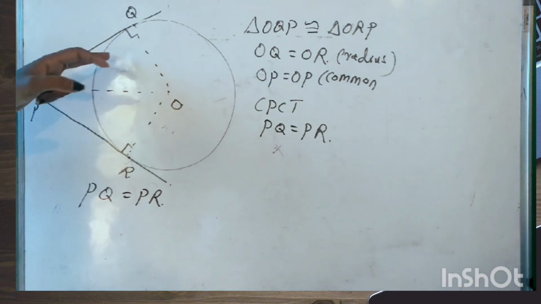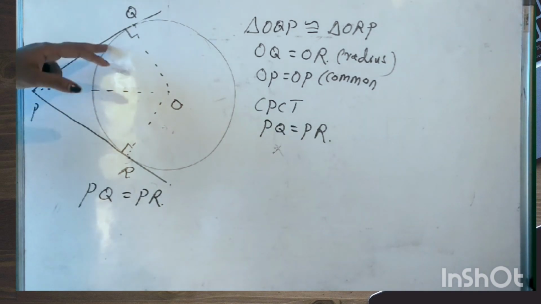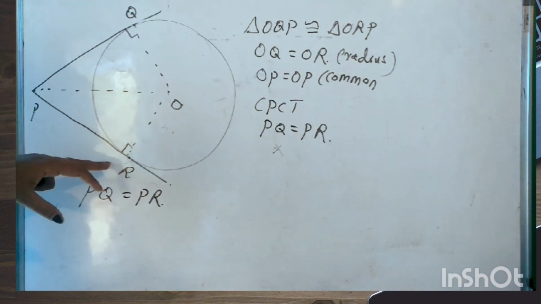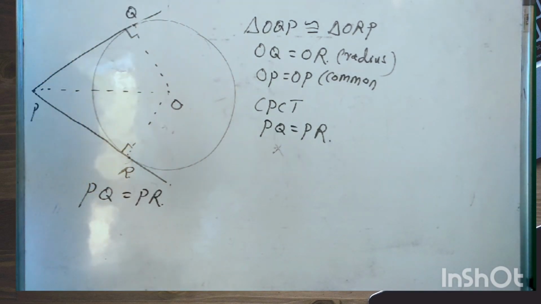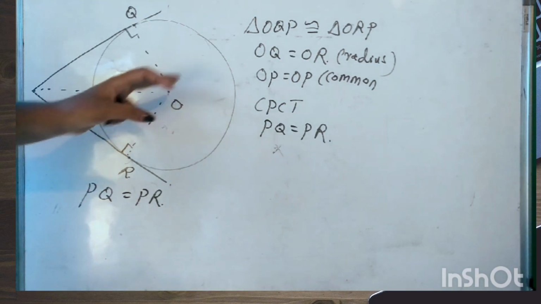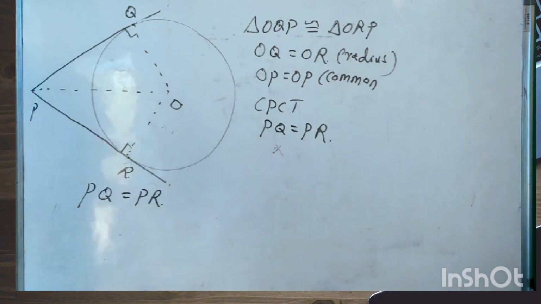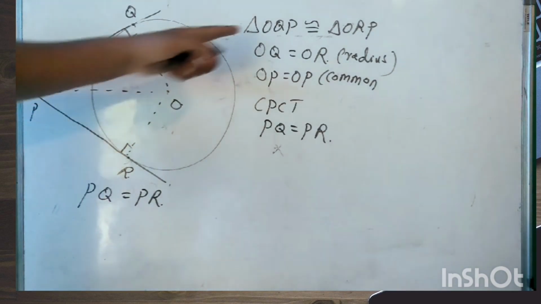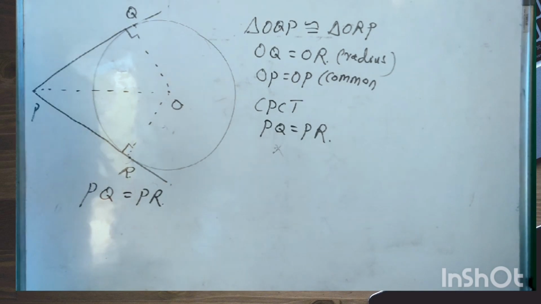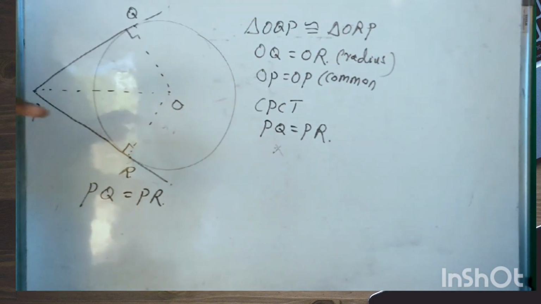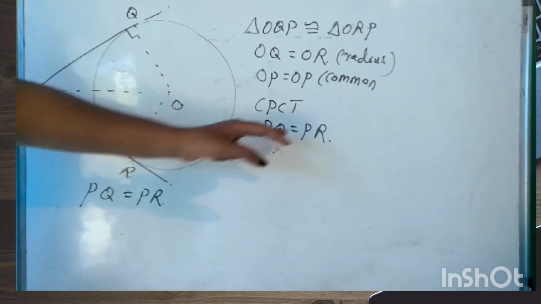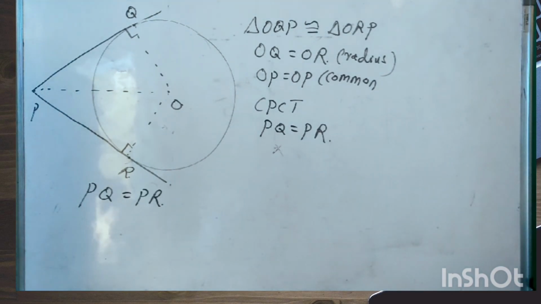Then these two triangles are right angled triangles. OQ is equal to OR because they are radii of the same circle, and OP is equal to OP because it is common. Now by using RHS, these two triangles are congruent. By using CPCT, PQ equal to PR. That means the lengths of the tangents drawn from an external point to a circle are equal.